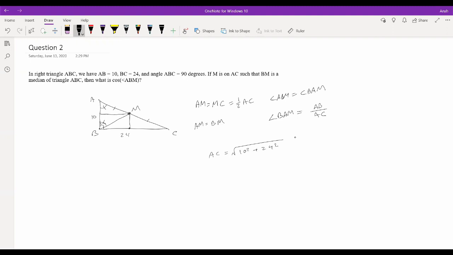If some of you know your Pythagorean triples, you can see this is a 5, 12, 13 triangle, so this is just equal to 2 times 13, which is 26. That means the cosine of angle BAM is equal to 10 over 26, which simplifies into 5 over 13, which is our answer.